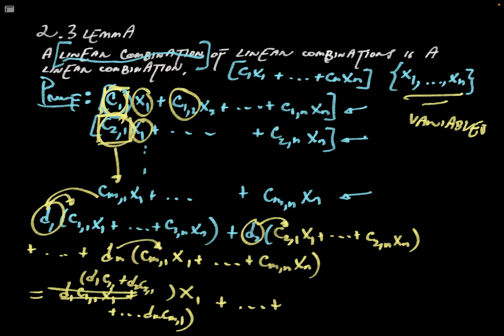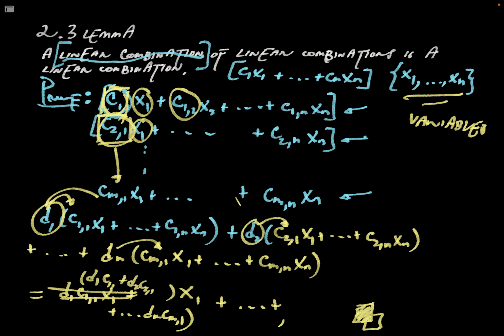And then you do this for all of them, and you should see that this is going to be a linear combination of x1 through xn. You could see for x2 and just play this game again, but at the end of the day, it'll be a linear combination of the x1 through xn.